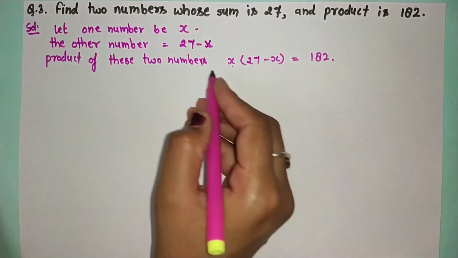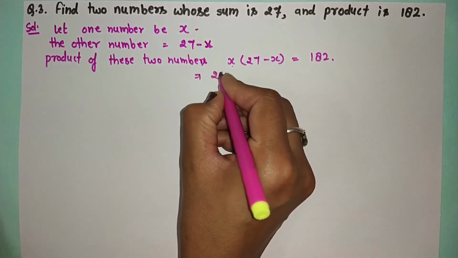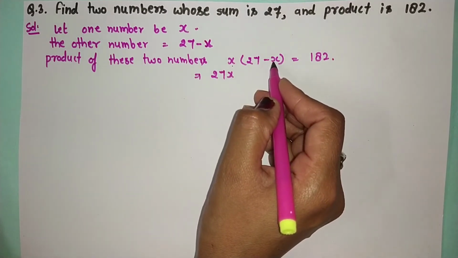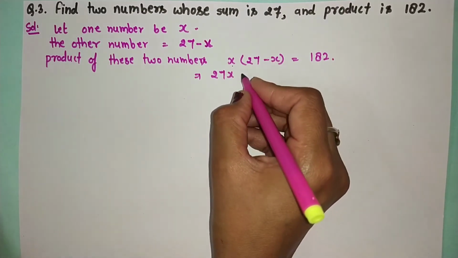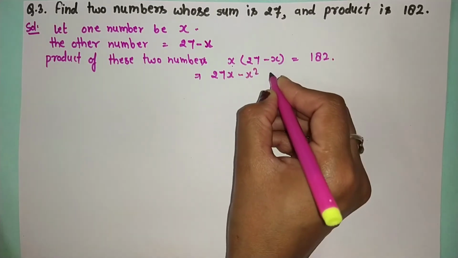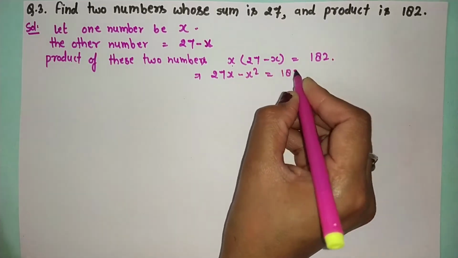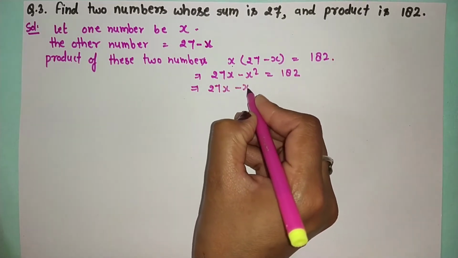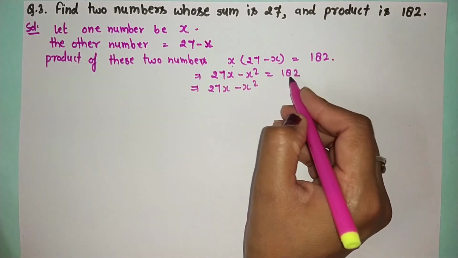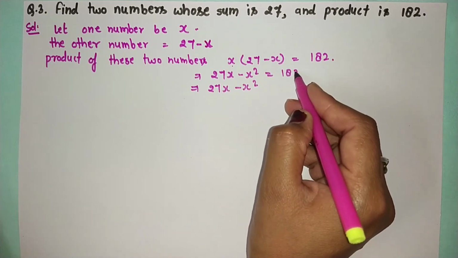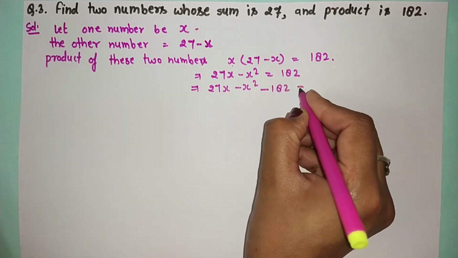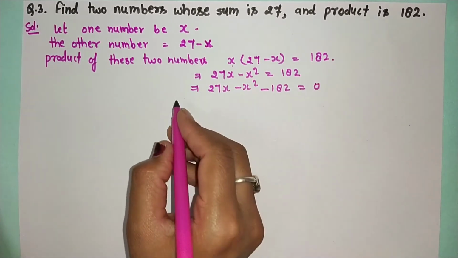x multiplied by 27 becomes 27x, and x multiplied by minus x becomes minus x square, equal to 182. 27x minus x square, transferring 182 to the LHS, becomes minus 182 equal to 0.